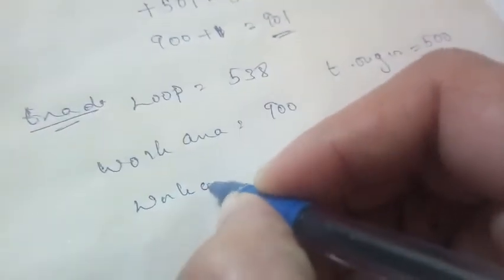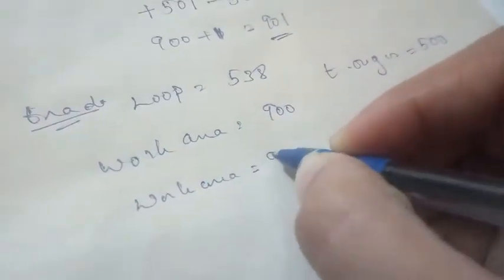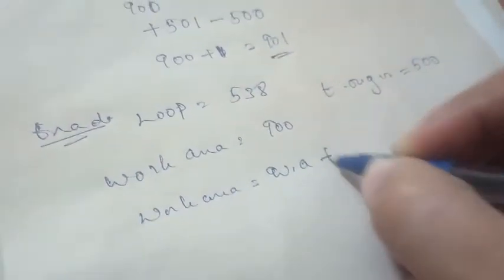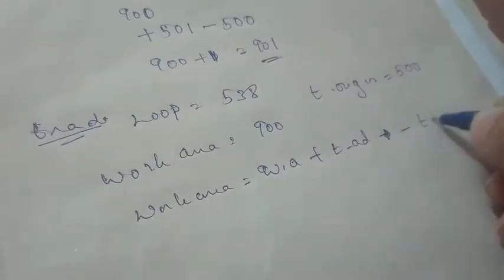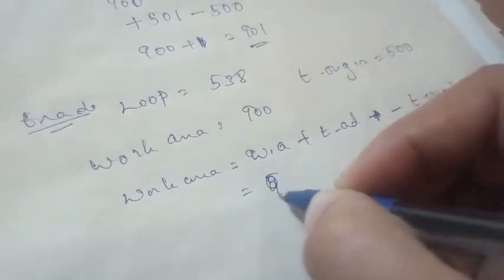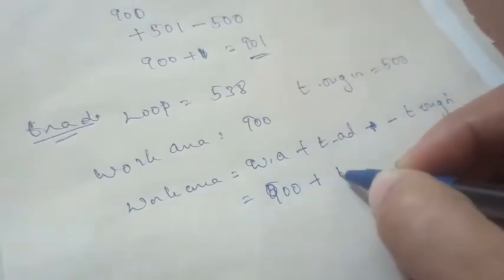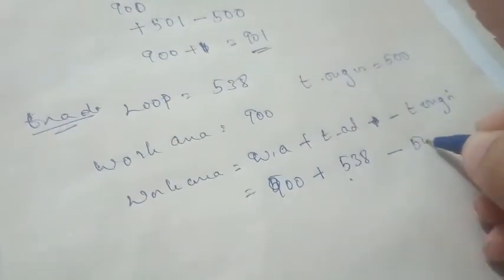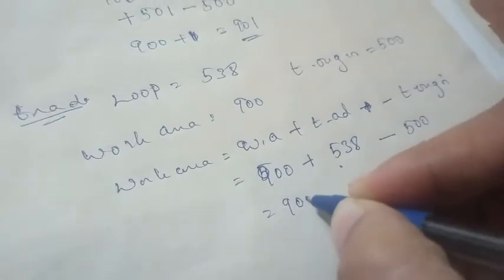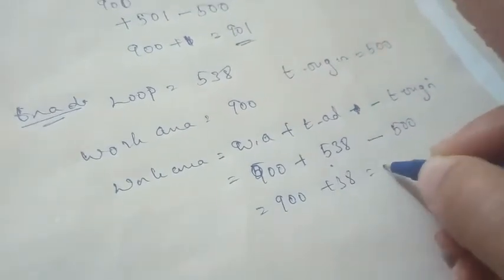The formula says work area is equal to work area plus translated address minus T origin. So work area is 900 plus translated address 538 minus origin 500. That is 900 plus 38, equal to 938.